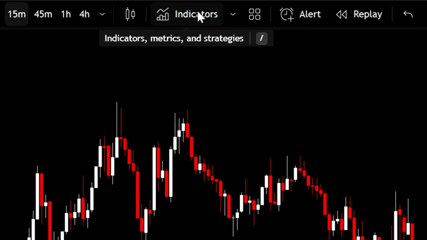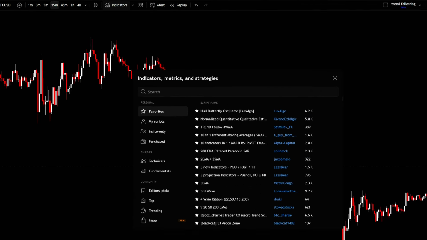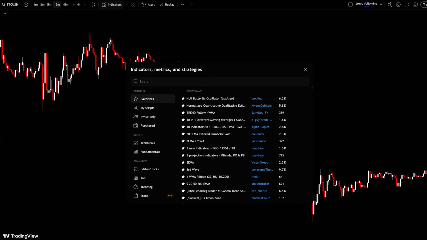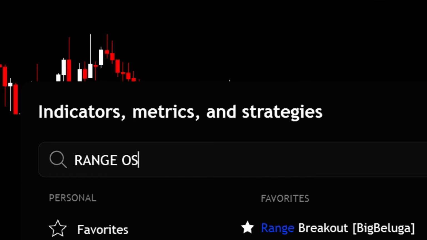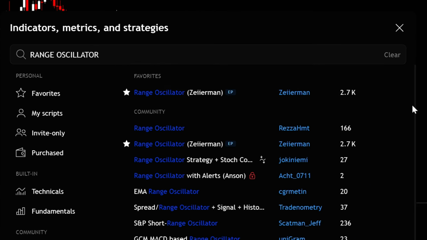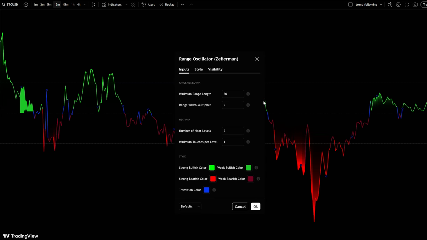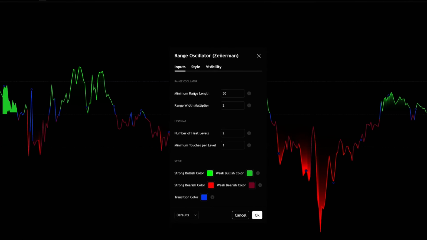You can find it directly inside TradingView. Once you add it, go into its settings and set the minimum range length to 400.